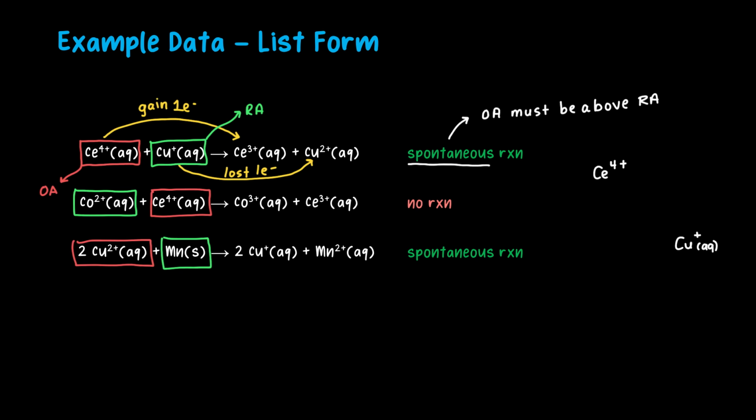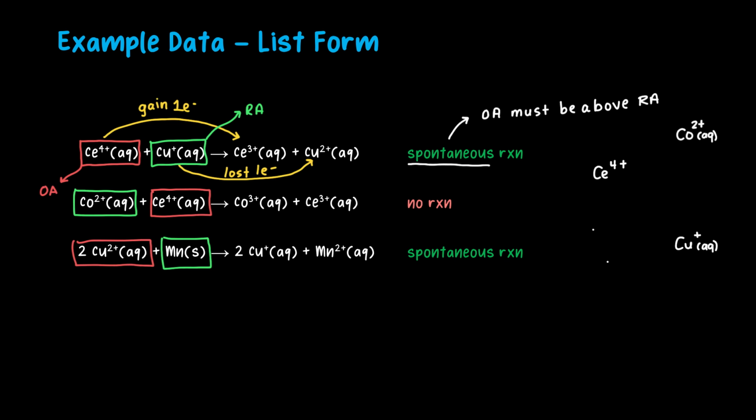We can go to our next reaction now, and we know that Ce4+ does not react with cobalt. So that tells us that cerium is lower on the table than Co2+, which is the reducing agent. So Co2+ will be somewhere up here above cerium. And we're going to leave some space in case there's anything that slots in between. So we know cobalt is above cerium, cerium is above copper.